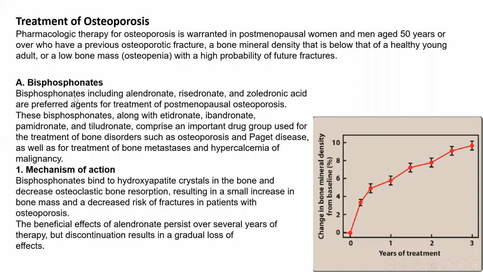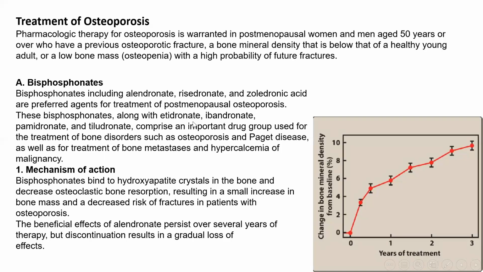Let's start first with biphosphonates, and here we have multiple drugs such as alendronate, risedronate, and zoledronic acid, and these are the preferred ones in the treatment of osteoporosis. And also we have others such as etidronate, ibandronate, pamidronate, and the last one, tiludronate.